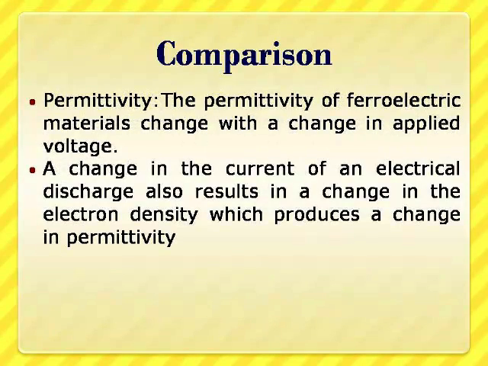Then the fourth one is permittivity. The permittivity of ferroelectric materials changes with the change in the applied voltage. So a change in the current of an electrical discharge also results in a change in the electron density, which produces a change in permittivity.